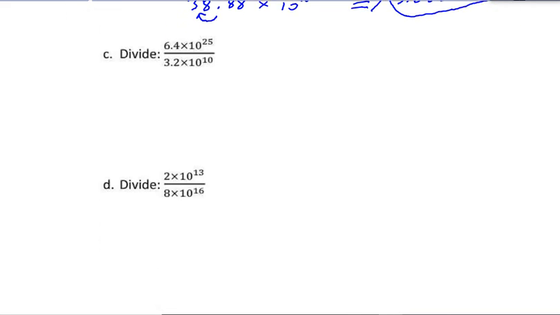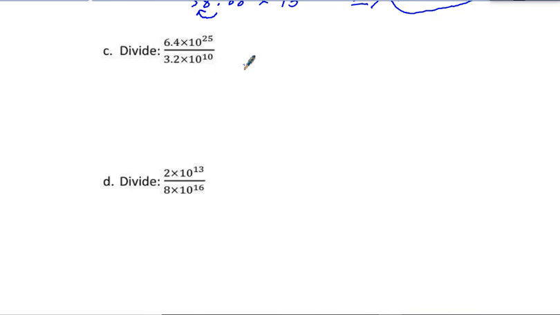Now to divide. Again, just like with the properties of exponents, here on the right side of this problem we're dividing the same base, and we would subtract exponents. So this is 10 to the 25 minus 10, or 15th power. And we're going to separate with the multiplication sign.